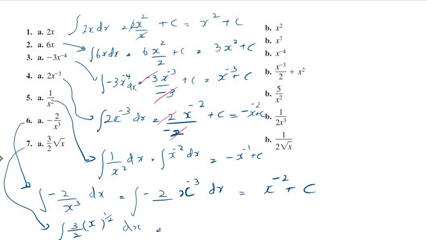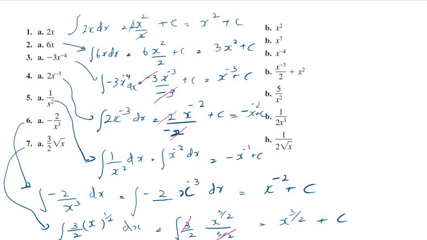Let me write that step again: 3 over 2 and x to the power 3 over 2 divided by 3 over 2. When these get crossed off, then the answer would be x to the power 3 over 2 plus c.